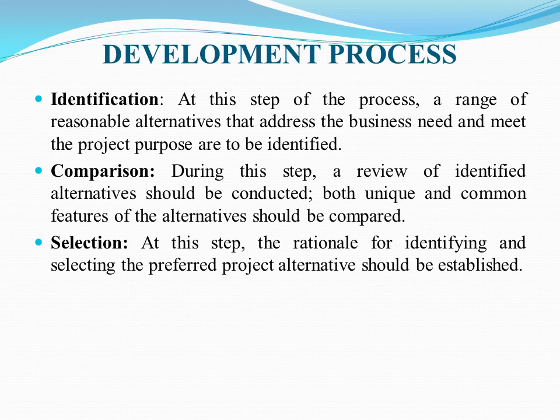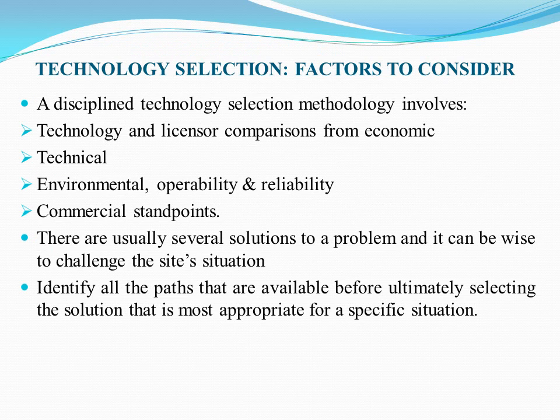During this step, a review of identified alternatives should be conducted. Both unique and common features of the alternatives should be compared. At last, in the selection stage, the rationale for identifying and selecting the preferred project alternatives should be established.